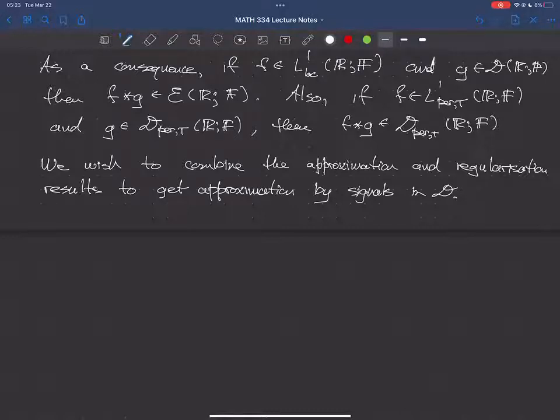When I say converges to the Dirac, I mean in the sense of convergence to distributions. So let me call it rho, be a test signal.